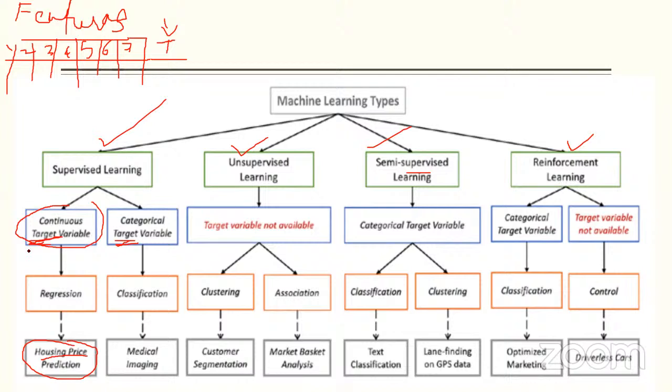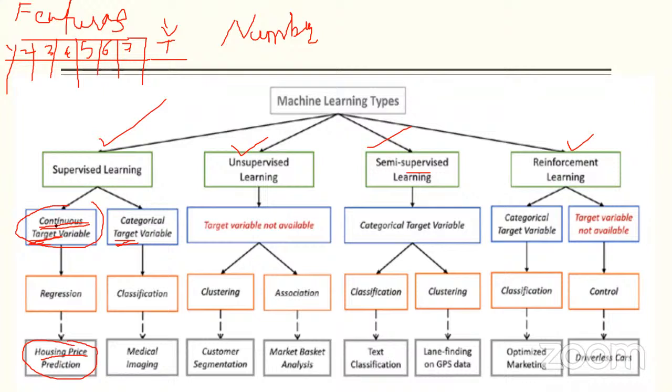Now in the target again, if you are trying to predict a numeric value, a number, that is called continuous type. Continuous means what? Number. Why are numbers called continuous? Because your answer can be anything: 1, 1.1, 1.2, 5, 5.9, 5.872, 5.867. Real numbers, isn't it? In mathematics, we call them real numbers. So your output is not only a whole number, but it can be any number, isn't it? That's why we call them a continuous target variable.